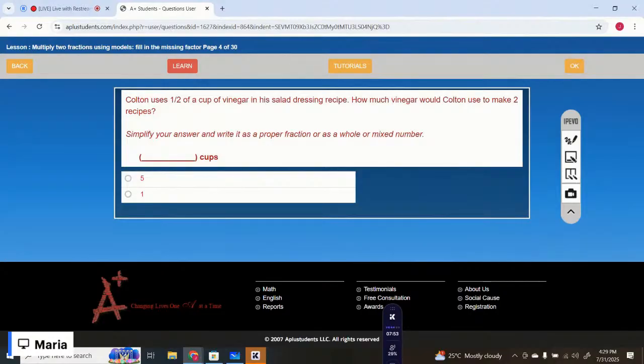Colton uses half of a cup of vinegar in his salad dressing recipe. How much vinegar would Colton use to make two recipes?